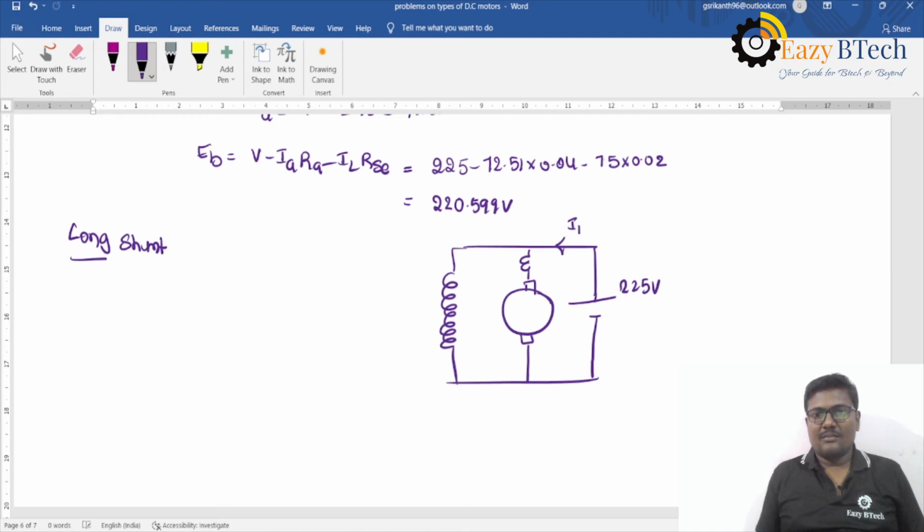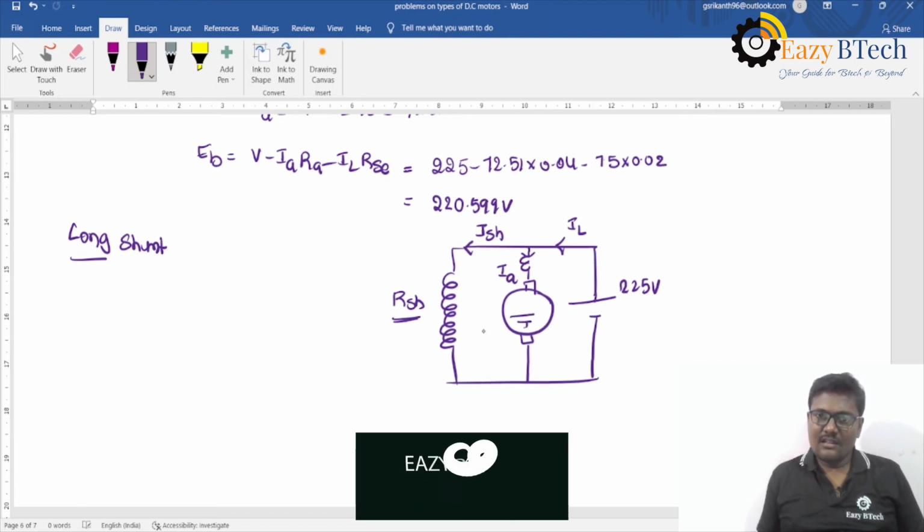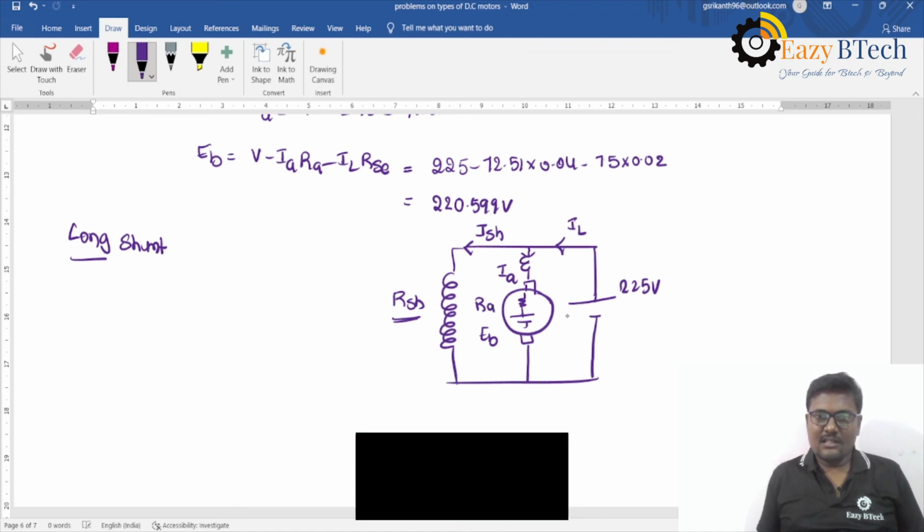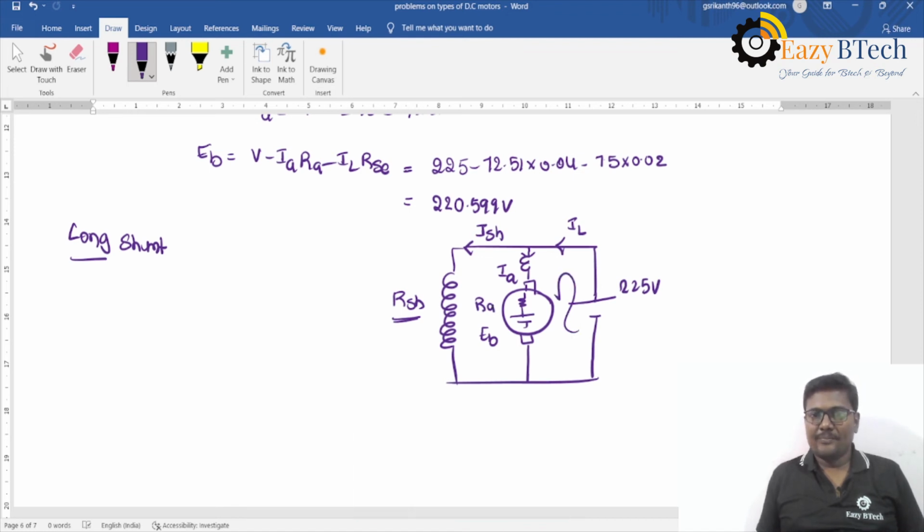The current drawn from the supply is line current, the current flowing through armature is Ia, the current flowing through shunt field winding is ISH, the field winding resistance is RSH, this is back EMF, and internal resistance of the winding is RA. Then the node potential you can observe here is V only. Here also 225 volts will appear.